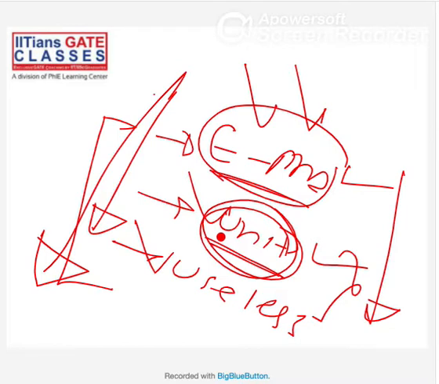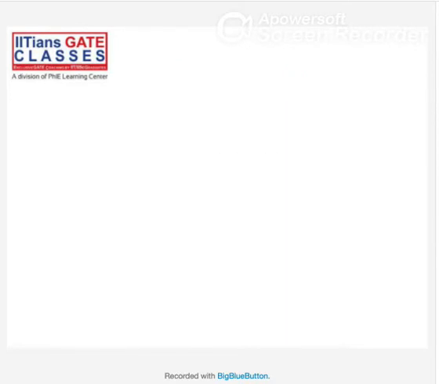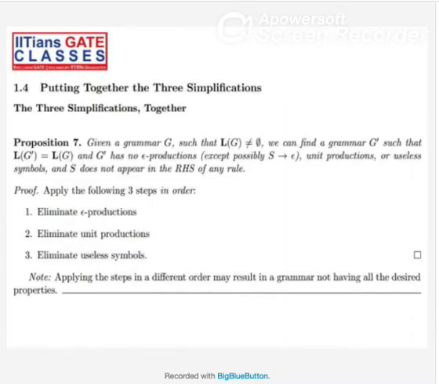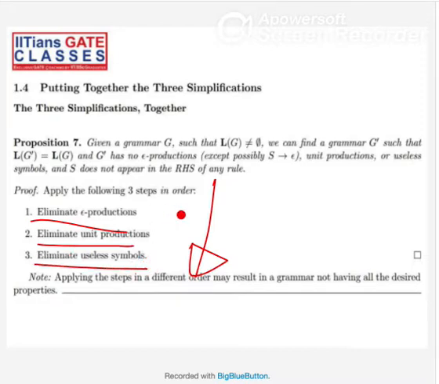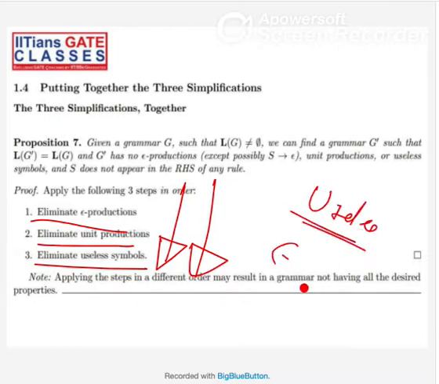Anyway, this is your simplification of grammar. So you should apply in this order: eliminate epsilon production, eliminate unit production, eliminate useless symbols. If you do not do it in this order, for example, let's assume directly you are removing useless symbols, you have already applied the useless symbol removal algorithm, and then you remove null production.